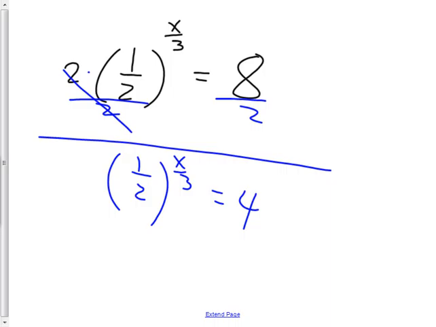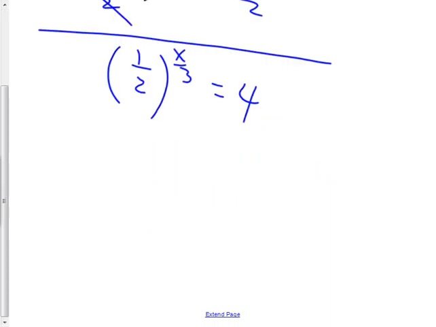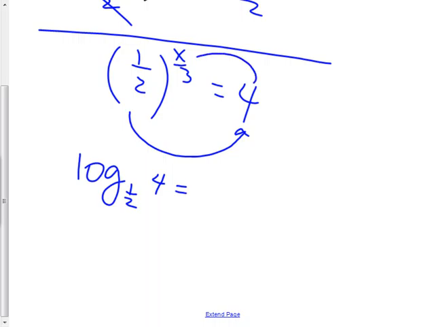And now from there, it is an exponential. So all you have to do is rewrite it as a log. Log base 1/2. I'll get you started. And then you jump to the other side of 4 equals, and then you jump back over here, x over 3.